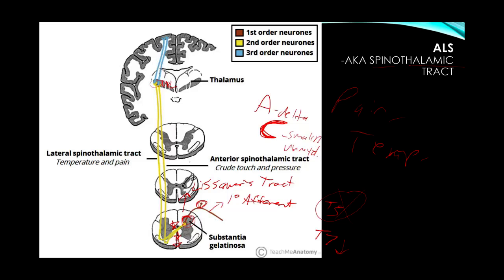Synapse and those third order neurons will send their axons out, and then they'll synapse in the respective area of the sensory cortex in the same manner that the PCML pathway did. And remember, that's that homunculus type pattern.